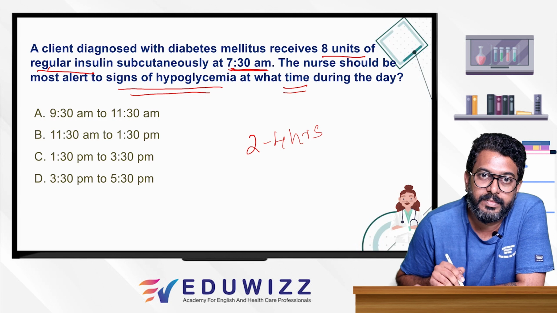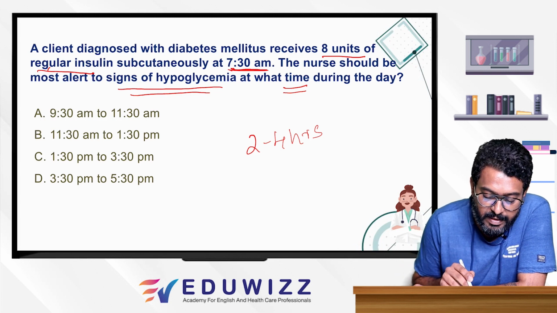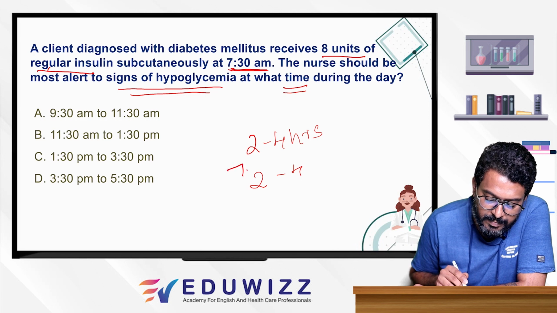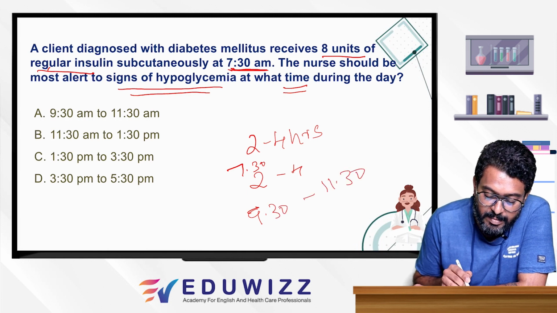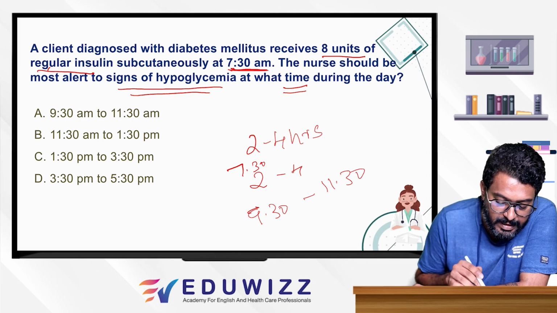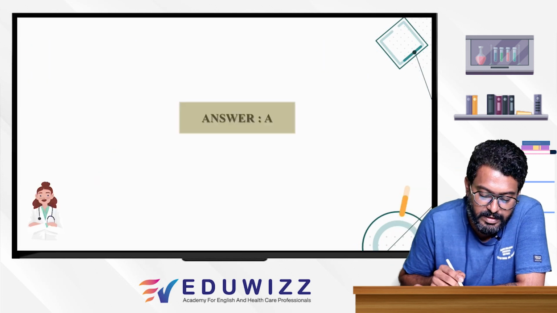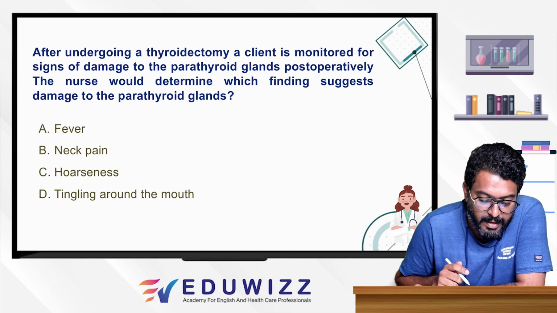So after 2 hours means 9:30, after 4 hours means 11:30. 7:30 a.m. is the administration time. So the right answer is between 9:30 a.m. to 11:30 a.m. So the first answer is A, 9:30 a.m. to 11:30 a.m.